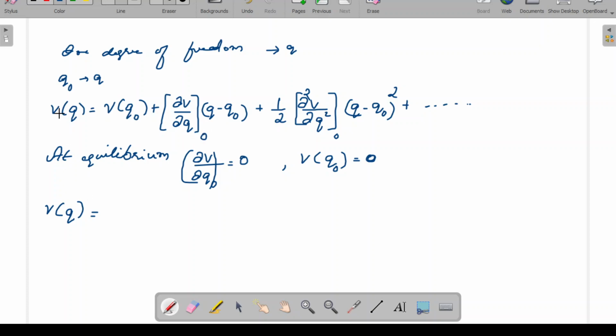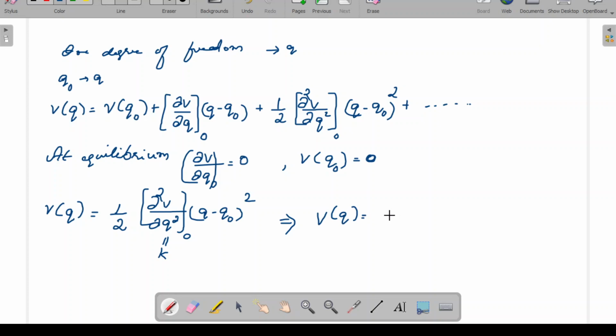Then I can rewrite this Taylor series expansion as half times ∂²V/∂q² at q0 times (q minus q0) whole squared, right? Now let me put this ∂²V/∂q² equal to k. Then this expression becomes V(q) equal to half k q squared.